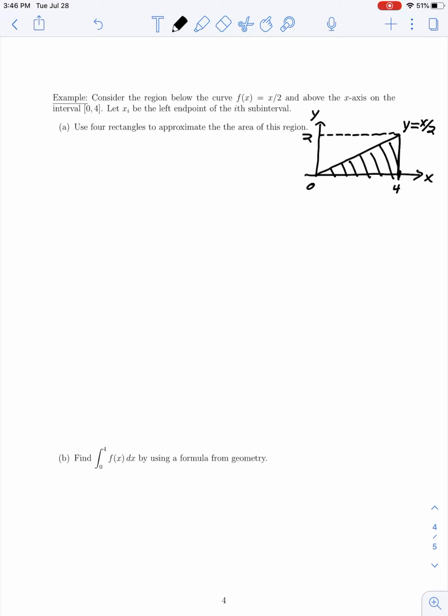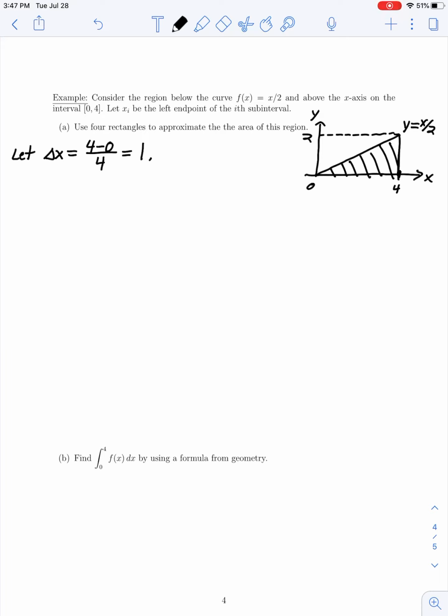So in part A, we're told to use 4 rectangles to approximate the area of this region. So here we would let the width of our rectangle, delta x, be the length of the interval from 0 to 4, so that is 4 minus 0, and we're dividing it into 4 equal pieces.